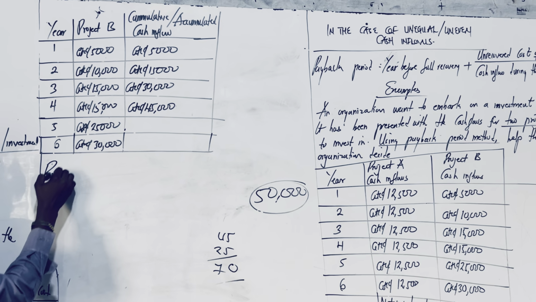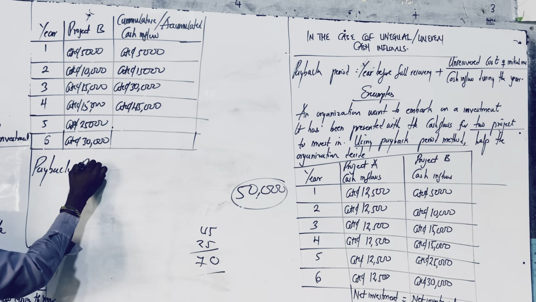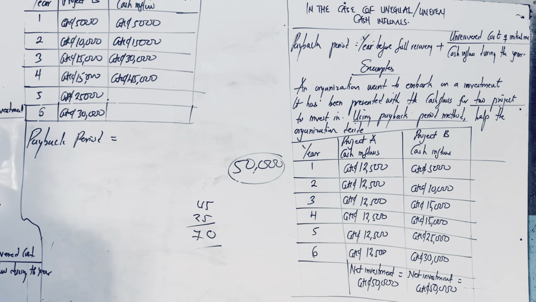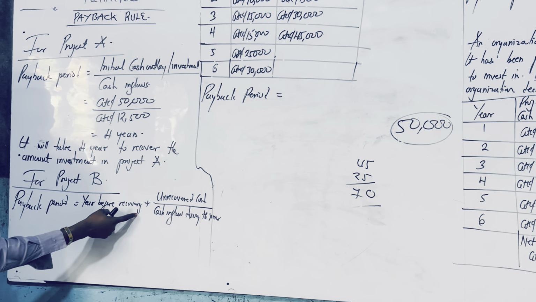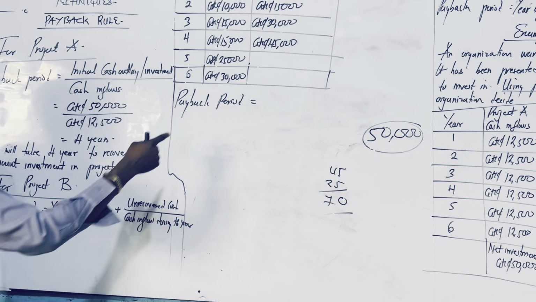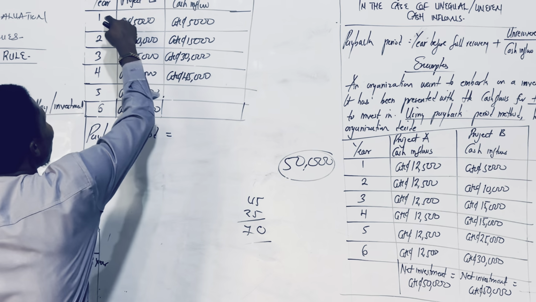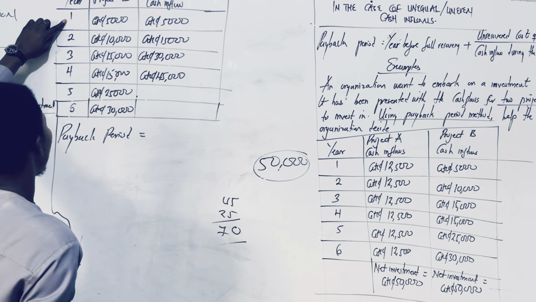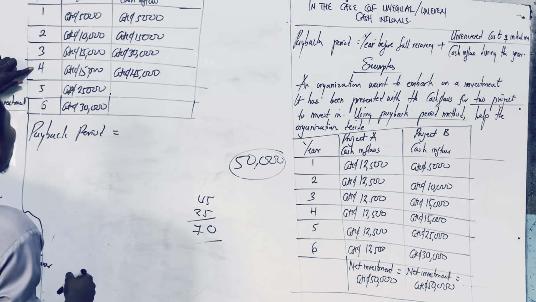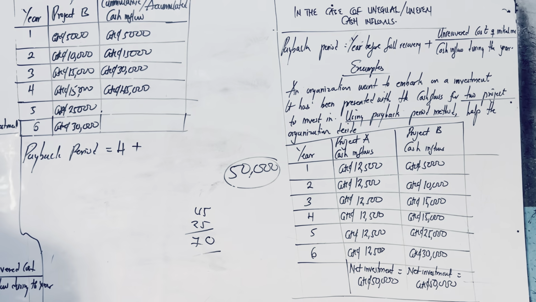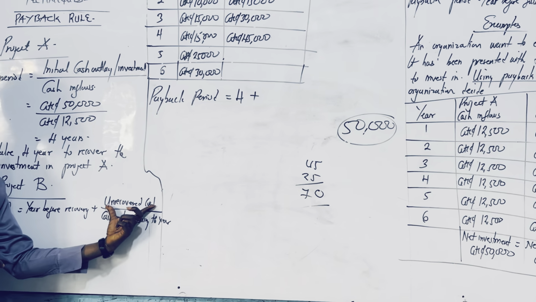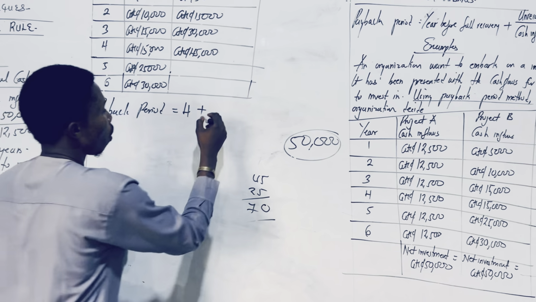So here, our payback period is calculated as the year before recovery, meaning we have been able to recover part of our money in year 1, year 2, year 3, and year 4. So year 4, that is 4, plus the uncovered cost. What is our uncovered cost?